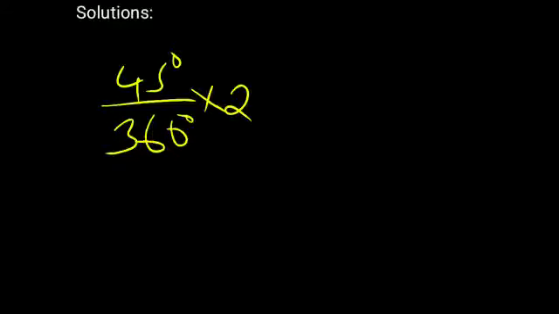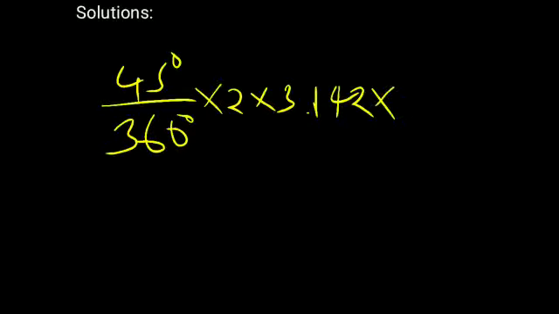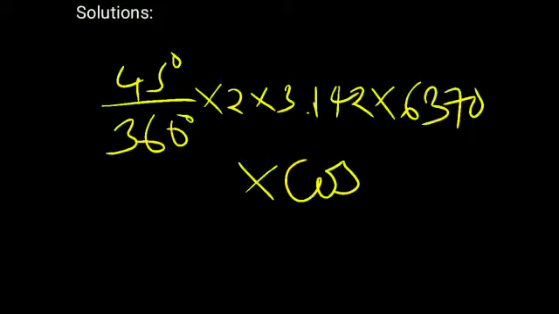So we're going to say 45 degrees over 360 degrees times 2 times 3.142 times the radius 6,370 times cos, the latitude is 40 degrees.